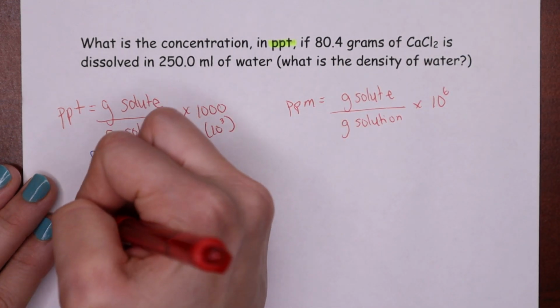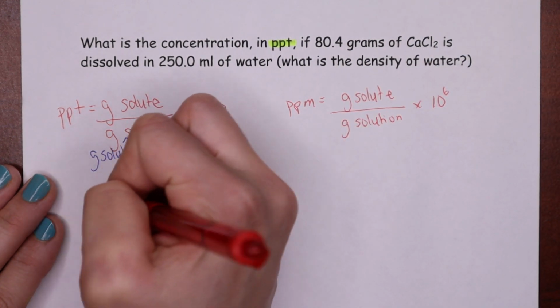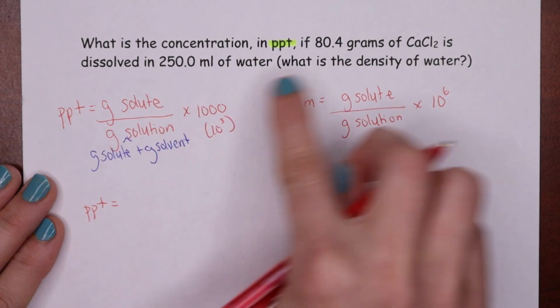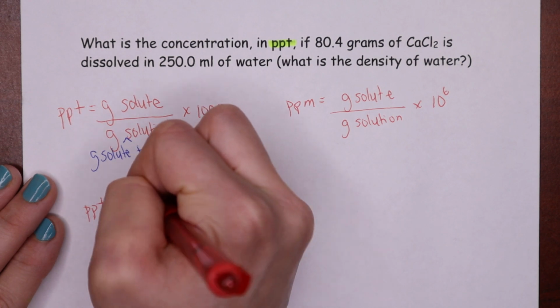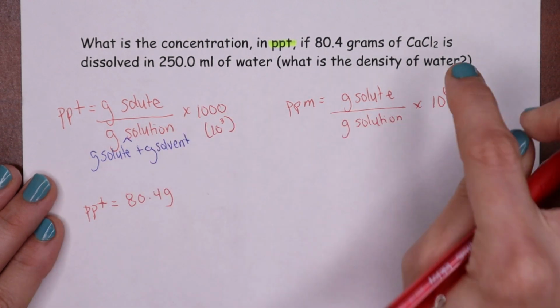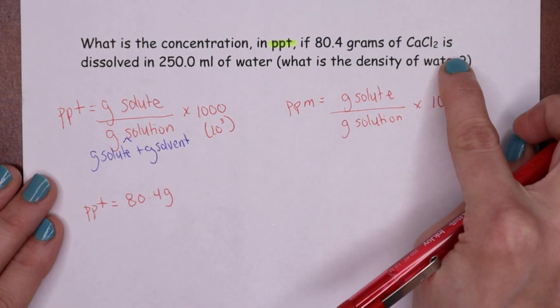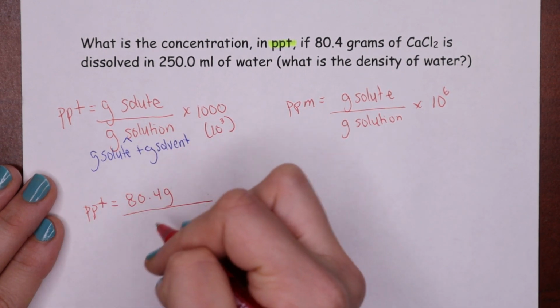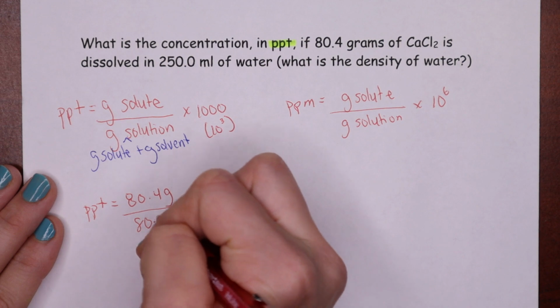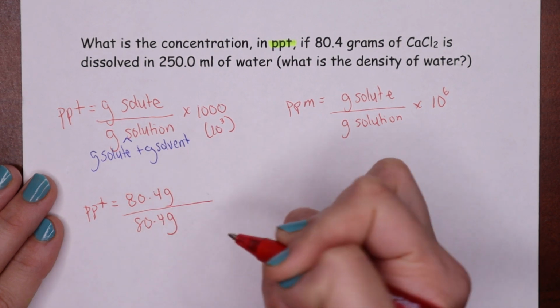For parts per thousand, which is what we want, grams of solute, here's our solute, 80.4 grams of calcium chloride, and we can then go ahead and add that here, 80.4 grams.